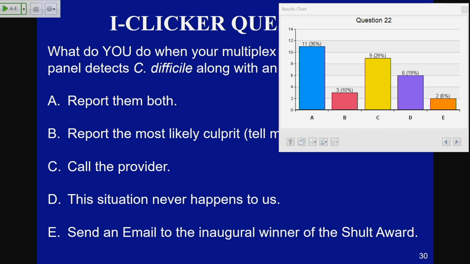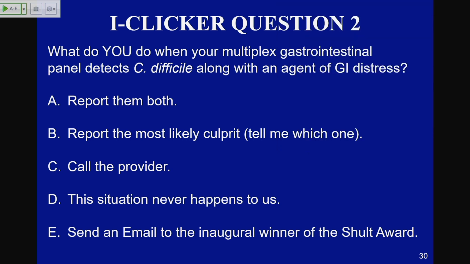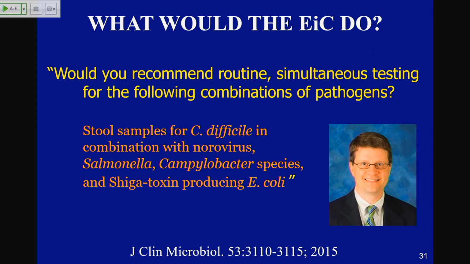Okay, so then, let's move on if I can figure out how to do this. So this is Dr. Alex McAdam, who's the editor-in-chief of Journal of Clinical Microbiology. So instead of what would you-know-who do, we're going to ask what would Alex do in this situation. He wrote a commentary regarding GI syndromic molecular panels, and in his commentary he put out a hypothetical: would you recommend routine simultaneous testing for the following combinations of pathogens?